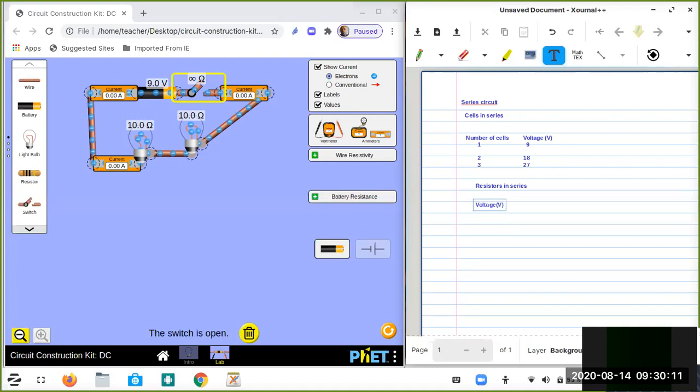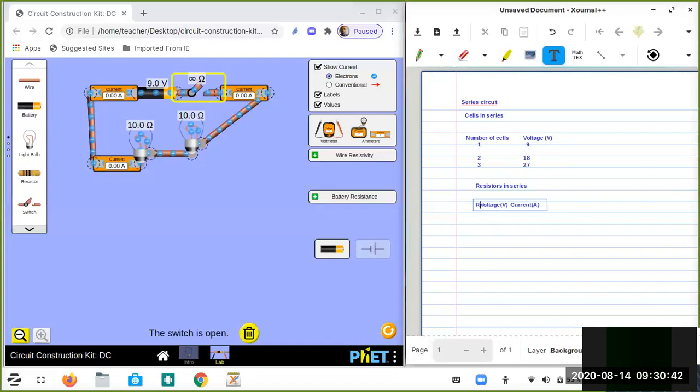Then we are also going to take note of the current. Remember, current is measured in amps. Then we are also going to take note of the number of resistors. So those are the quantities that we are going to measure. They will help us to find out what is happening.